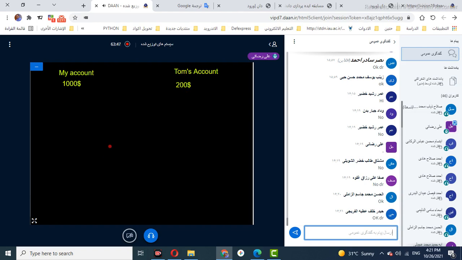Let's see a transaction here. I write it here. Begin transaction. A is equal to my account, A is equal to A minus 500.